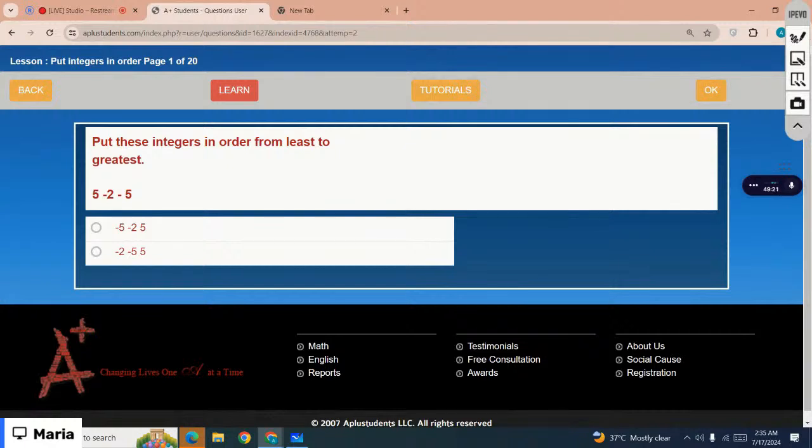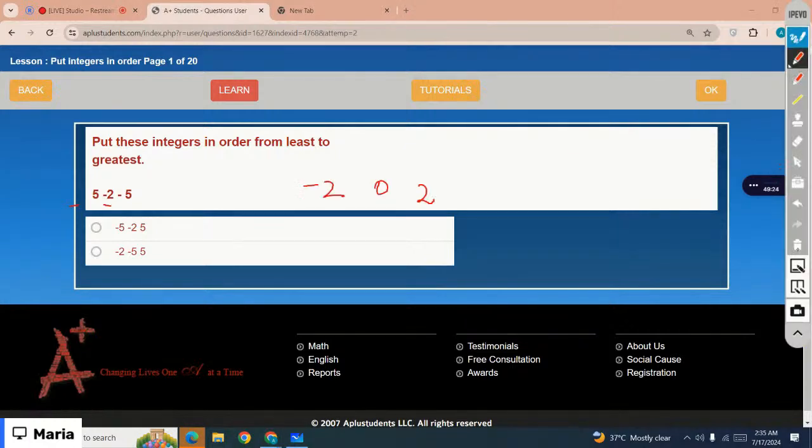So the numbers you are given are 5, -2, -5, right? You need to arrange them from least to greatest. So the negative numbers are the least ones, right? So -5 is the least one. Then you have -2 and then you have 5. So option number 1 is the correct option. That will be -5, -2, and 5. Option number 1 is the correct option.